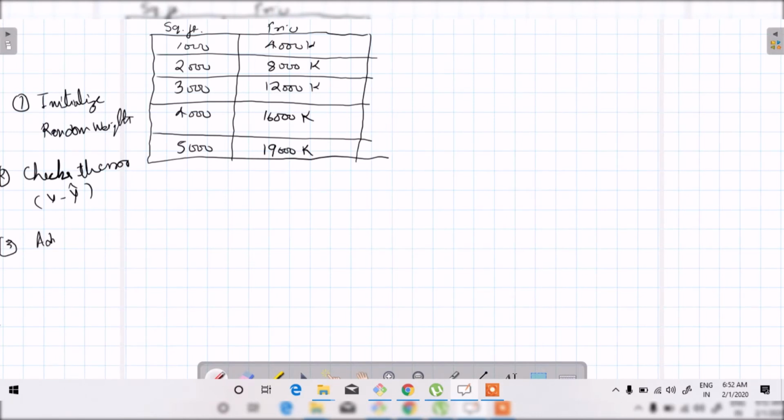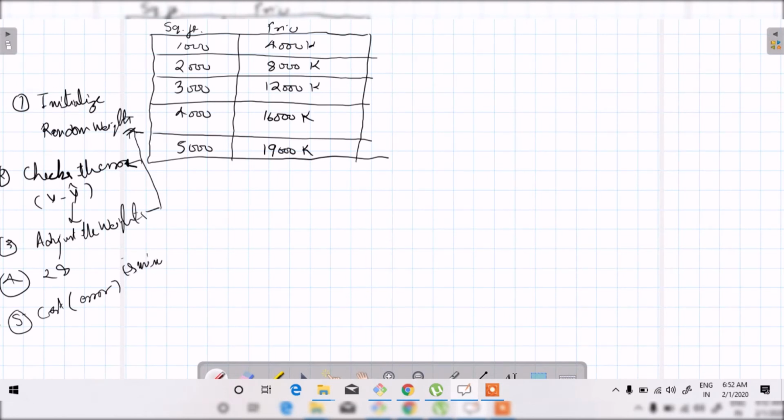Third, adjust the weight. Then again it goes back to 2 and 3. So after adjusting the weight, it will again check the error, and then again adjust. This keeps happening until the cost or error is minimized.